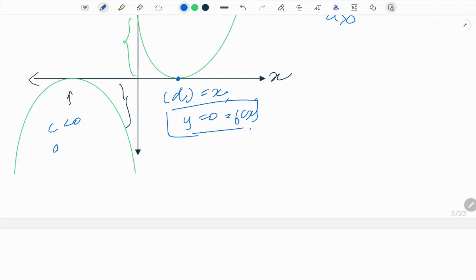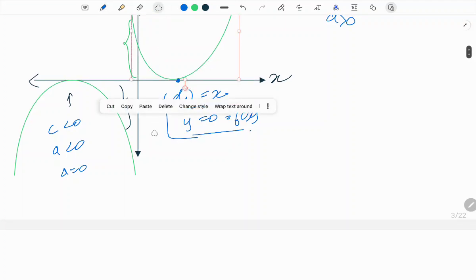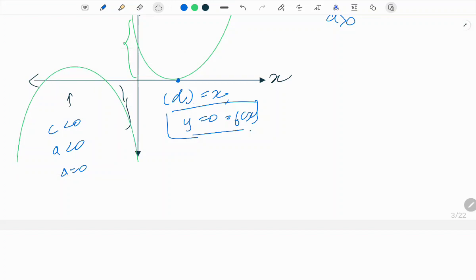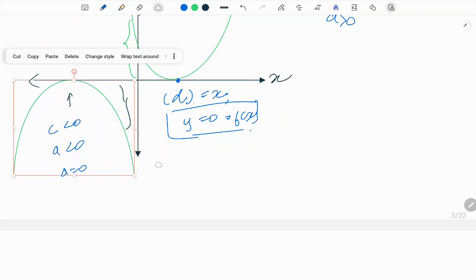At the same time, a is also less than 0, and delta is equal to 0. And at the same time, the graph can go somewhat like this too. This graph could be here or here, not somewhere else. So now let us see how the graph looks for when D is less than 0.